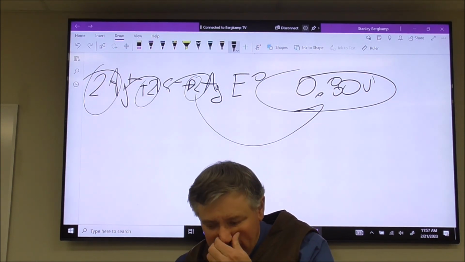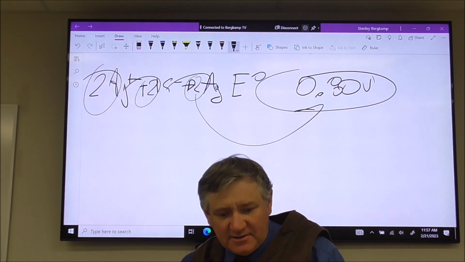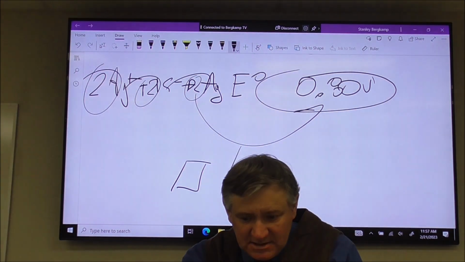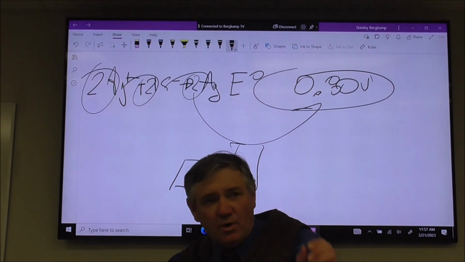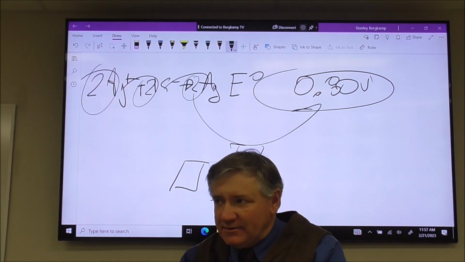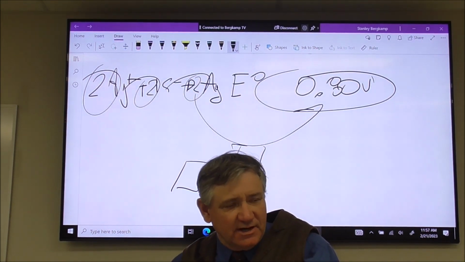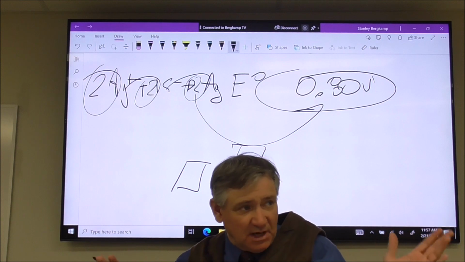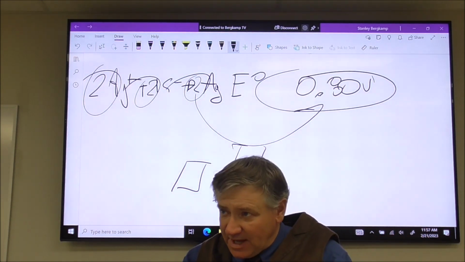So when you look at what's a factor and what's not a factor, one of the things that's not a factor is the size of the electrode. Whether I have a thin piece of copper or an ingot of copper, it doesn't make any difference. So the size of the copper doesn't matter. It's not part of the equation. I can't plug that in if I have to.